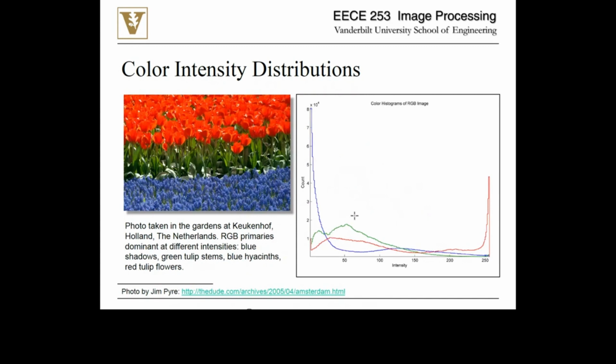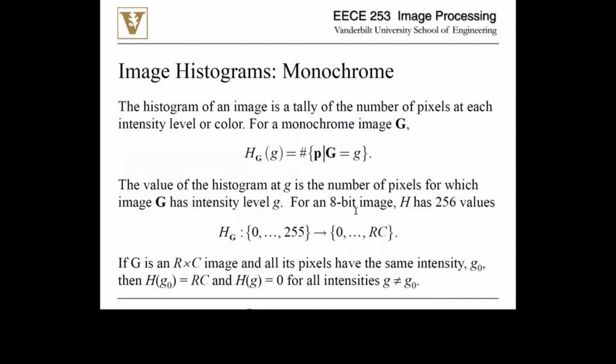Another example. So yeah, now once you start understanding how this works, you can play a bit with all these possibilities. Okay, so let's try to formalize that a bit. A histogram is a function that, given an image, for instance the image G, counts.